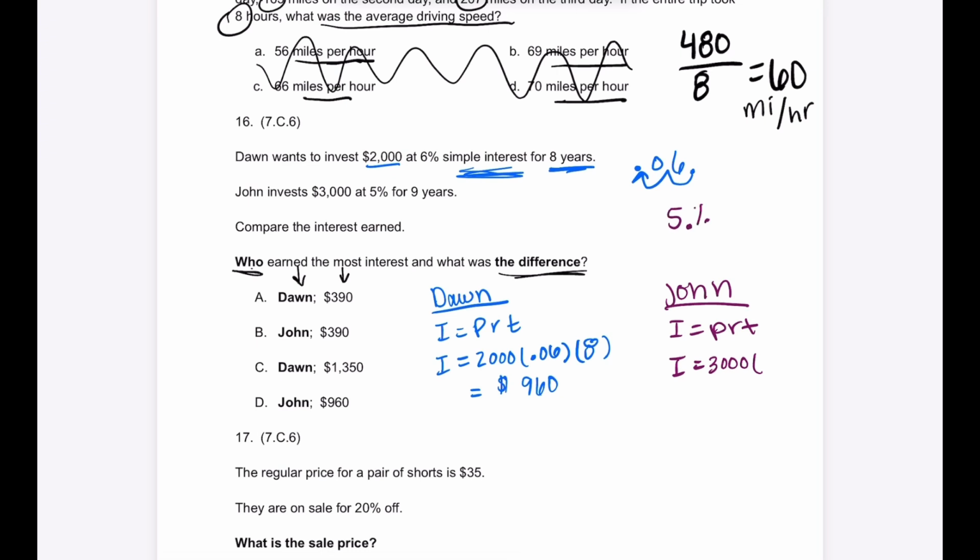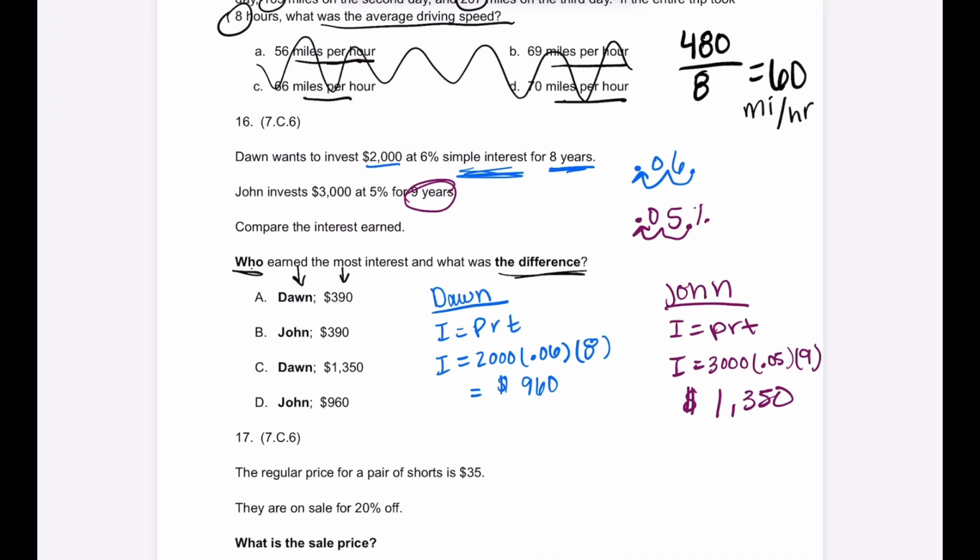My invisible decimal needs to be moved to the left twice to make it into an actual decimal value, which is 0.05. And my time is given to me in years, so I am okay to go ahead and put our 9 into that formula. Okay, for this one, I do get 1,350.